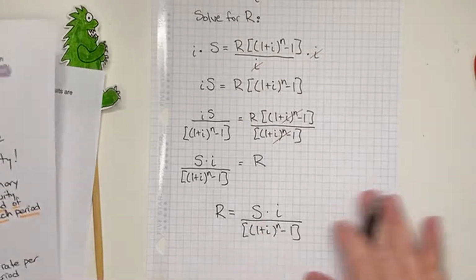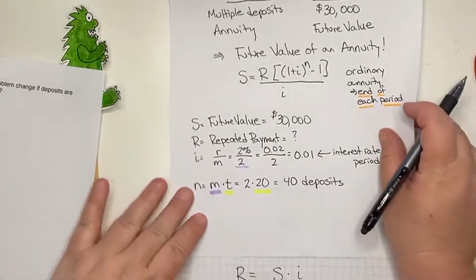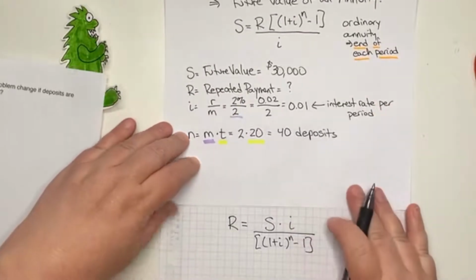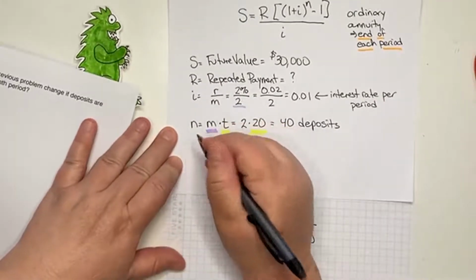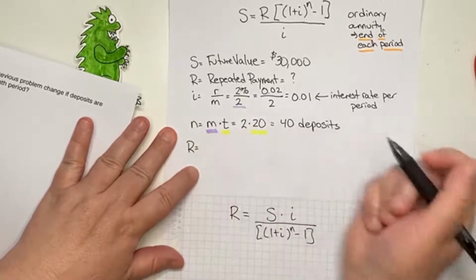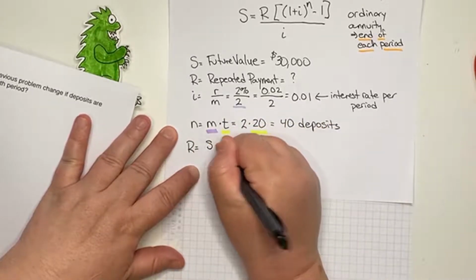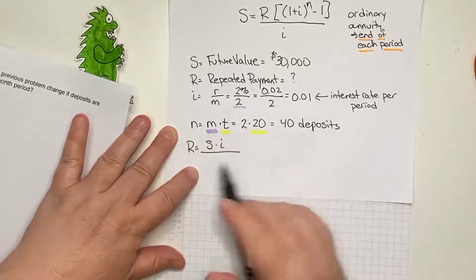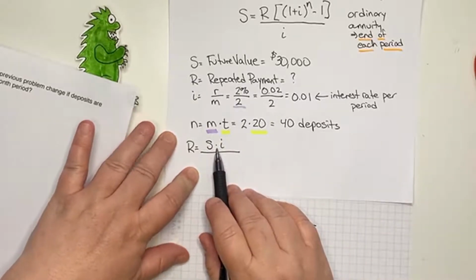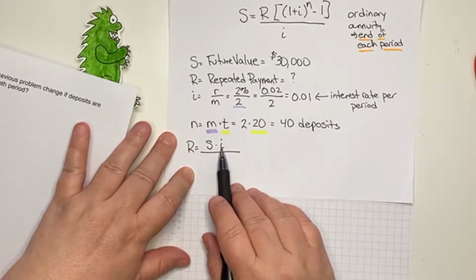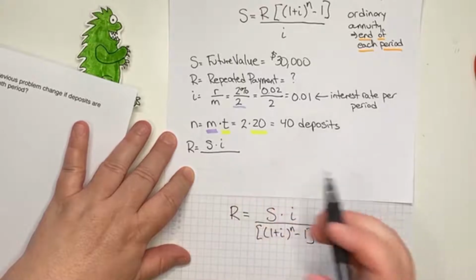I'm going to come back. This will be in the notes for this. What I'm going to do is just write this formula there. I'm going to say R equals S times I. Now, you don't have to put the multiplication in the middle, but sometimes when the S and the I get too close together, it looks funny to me.